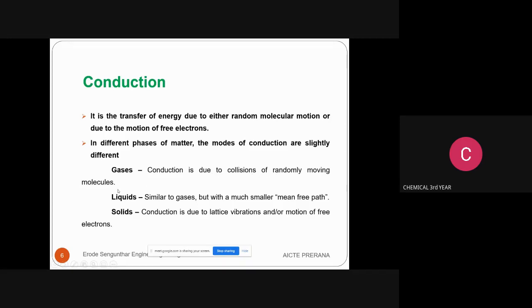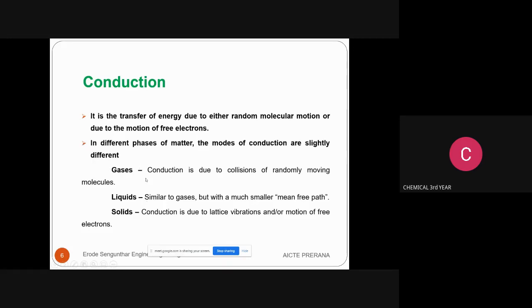So definitely the conduction process will not give much variation, because here the particles are moving, that body itself is moving, flow is there. But the basic condition for conduction is that the body should not have any motion. Here the molecules are loosely packed, so that system itself, that body itself, is having motion.